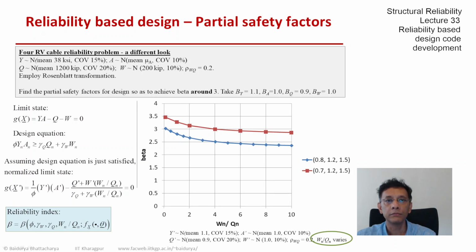The under-designing, the low beta, is not so much. Even for very high values of the ratio, the worst that we see is something like 2.8, 2.9, and for almost half the cases, or for the range 0.1 to 4, we have higher reliability than needed, and maybe this would be acceptable as a design equation.